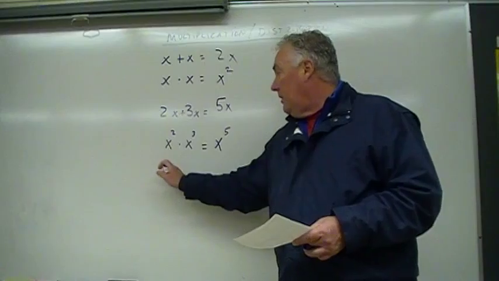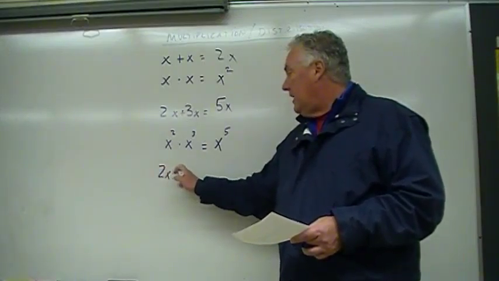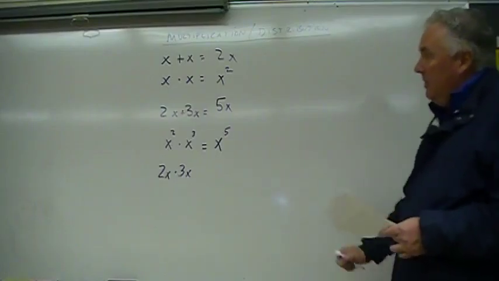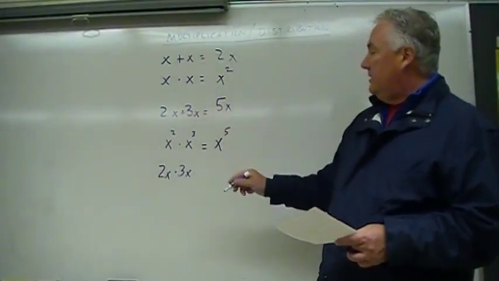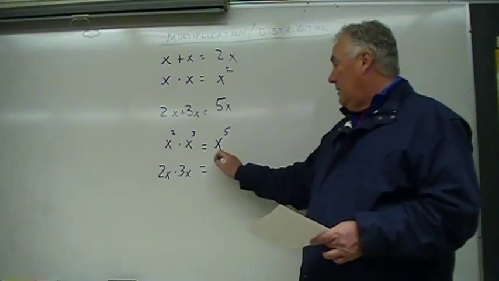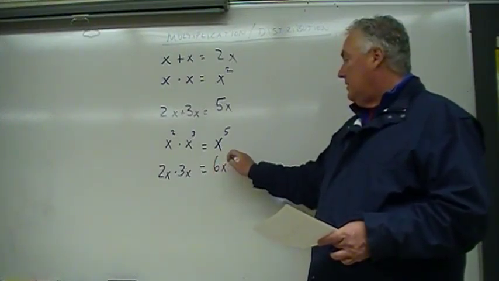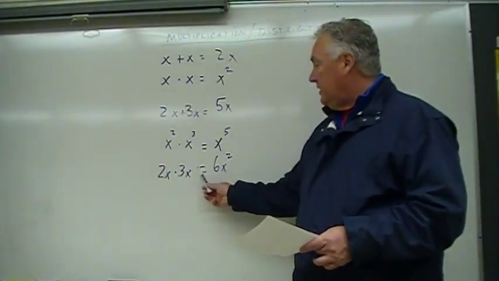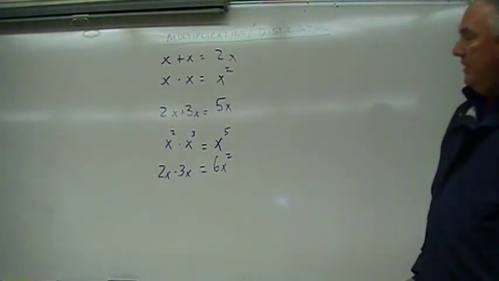Now I'll add one more. 2x plus 3x is 5x. 2x times 3x equals 6x squared. 2 times 3 is 6, x times x is x squared.